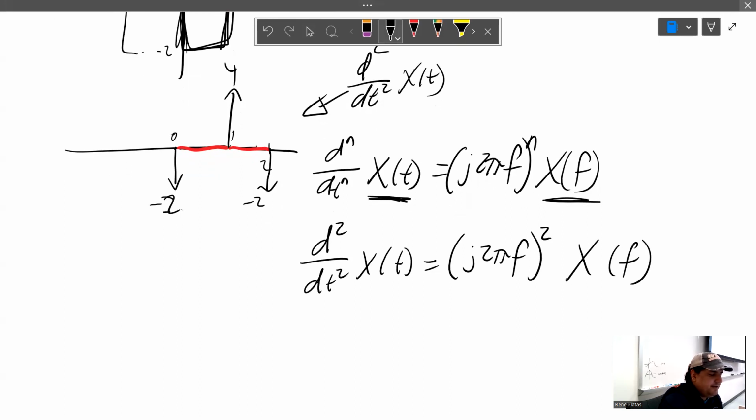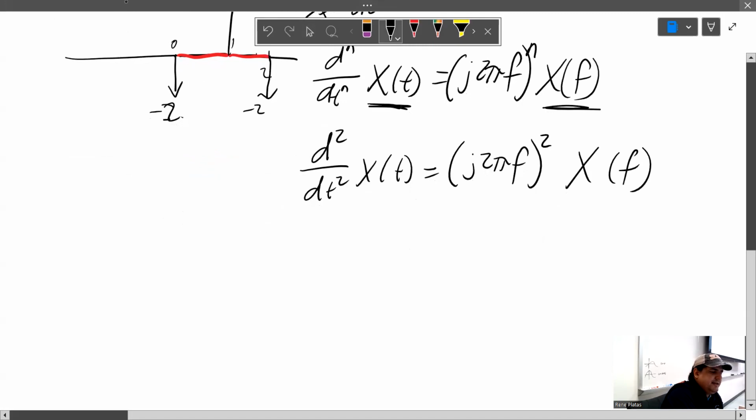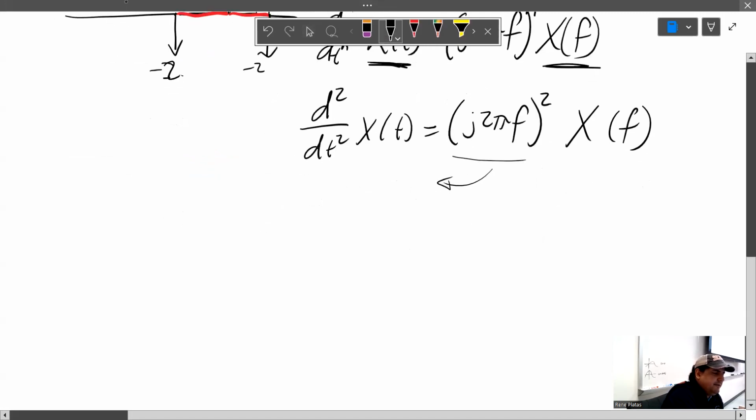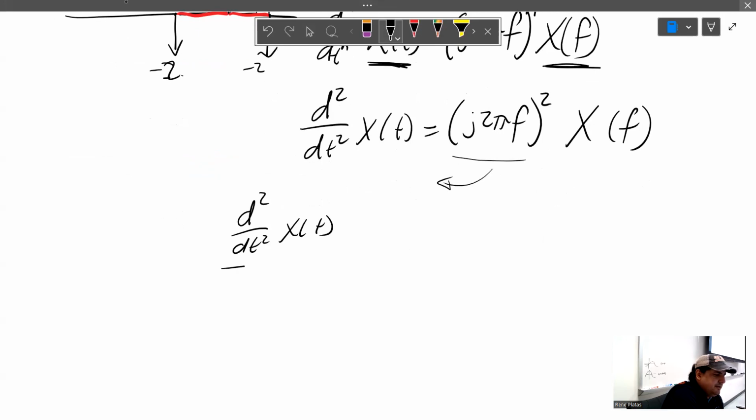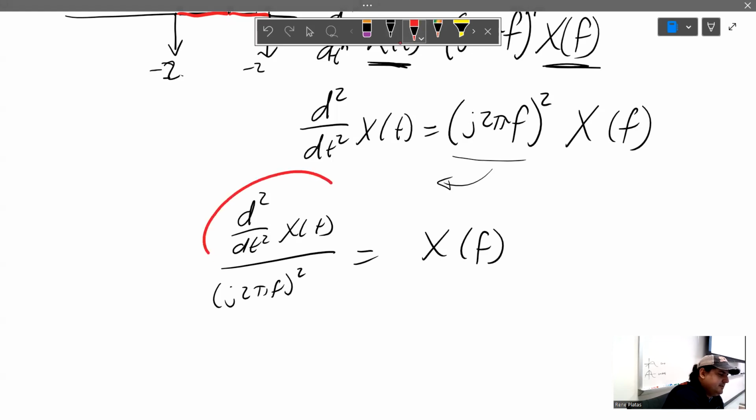So now all we gotta do is take this, divide it on both sides, and we're left with d squared over dt squared of x(t) over (j2 pi f) squared. That equals X(f). We can't leave it like that, we have to figure out what this is.